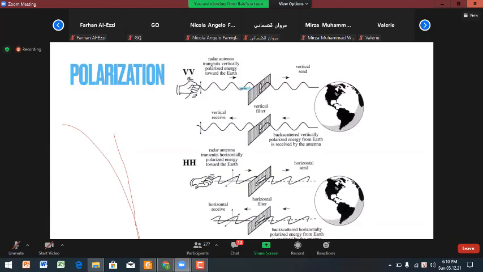So we have here such a filter that then only lets energy in a certain polarization through.